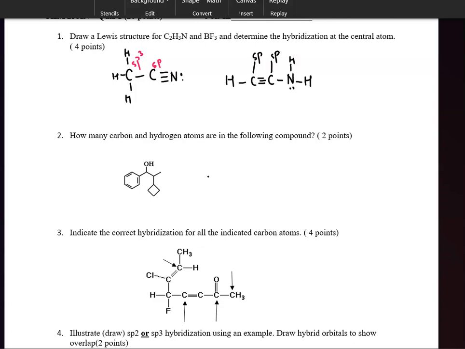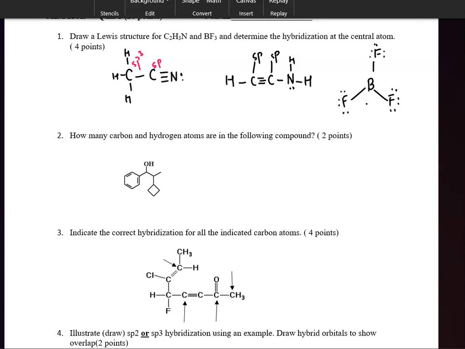Okay. The next one is asking you, there's one more, BF3. So the structure for BF3 is a trigonal planar kind of structure, where boron is happy to be having an incomplete octet, because if you recall, we had discussed that boron, if it forms a double bond with one of the fluorine atoms, then it gets a formal charge, which is not what we want.